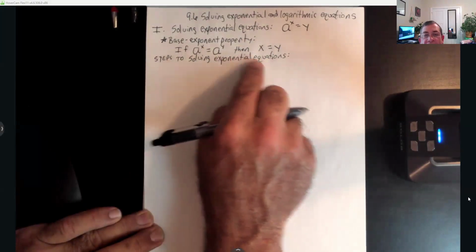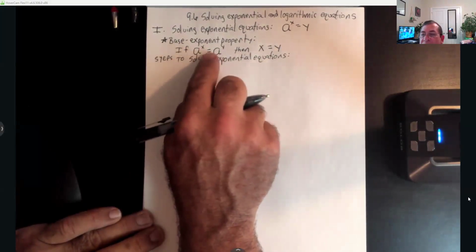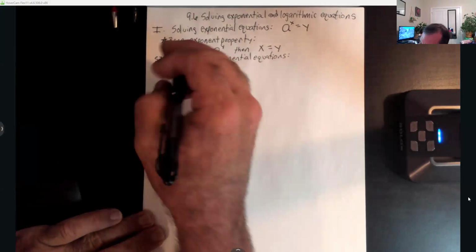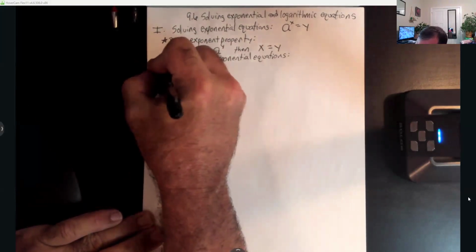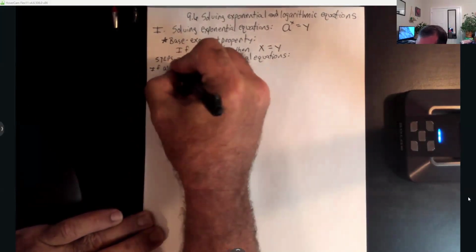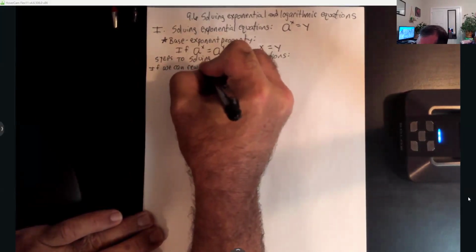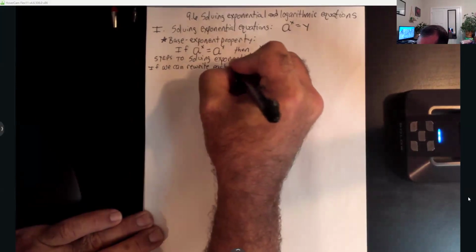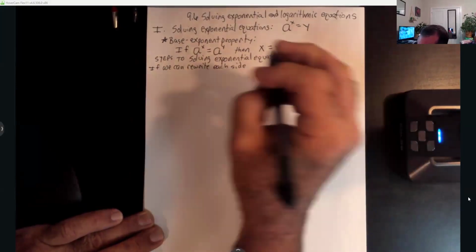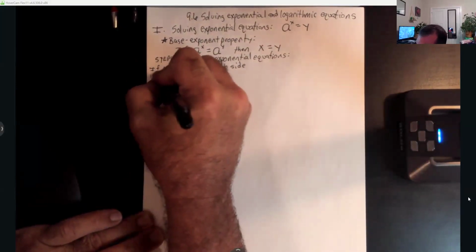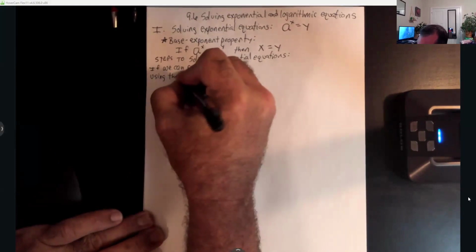Either you can rewrite each side using the same base, or you can't. So over here, if we can rewrite each side using the same base.